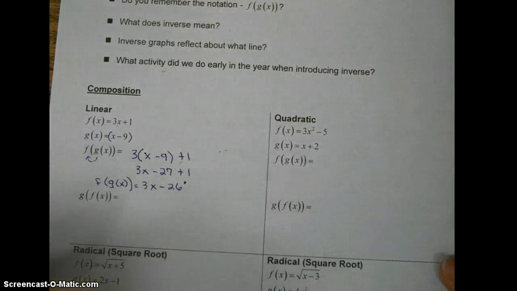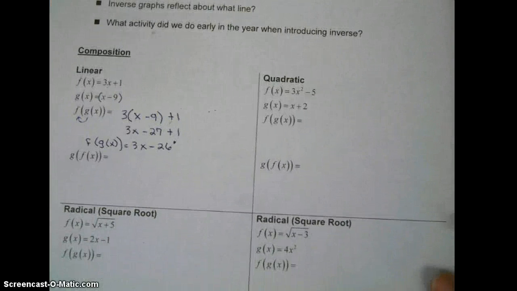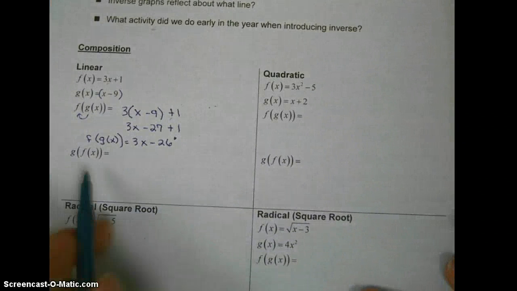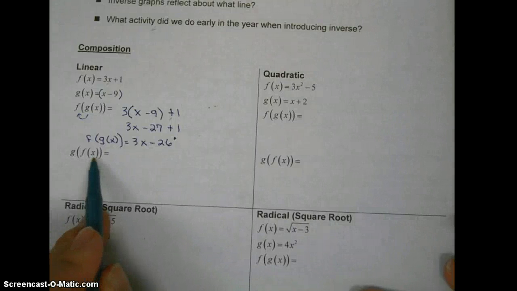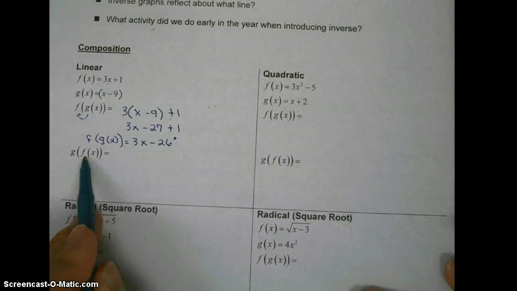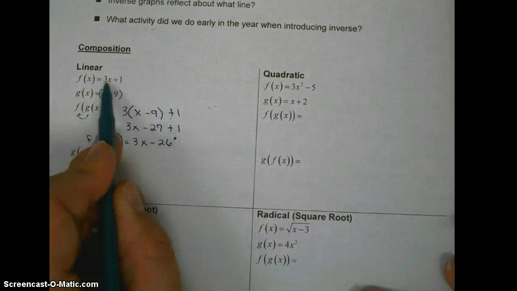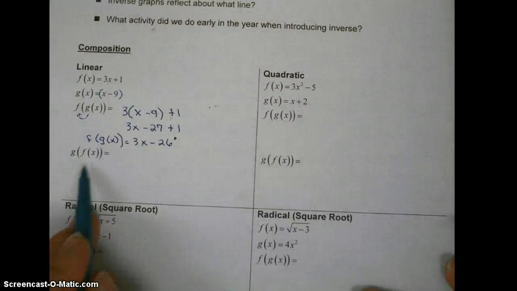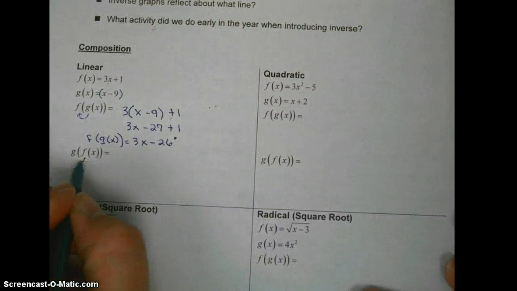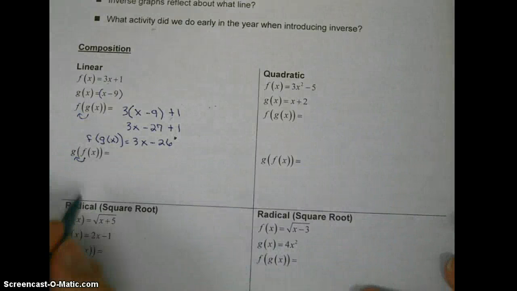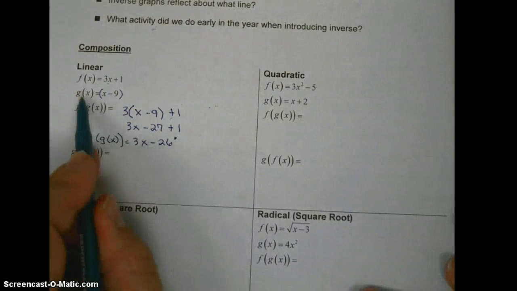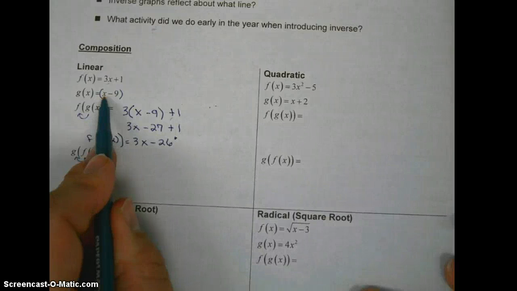Ignore that little dot there. Okay, let's look at this, g of f of x. So this time function f, that's this function up here, is going to go into function g everywhere you see an x. So starting with function g, oh, there's an x. What goes in?